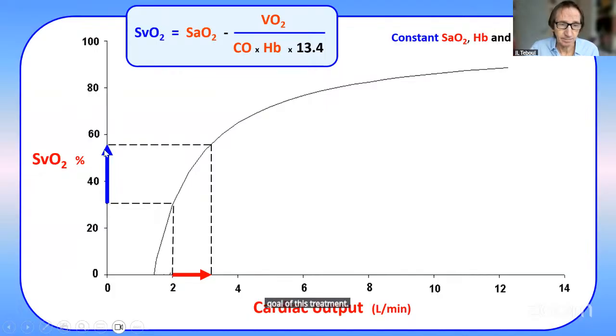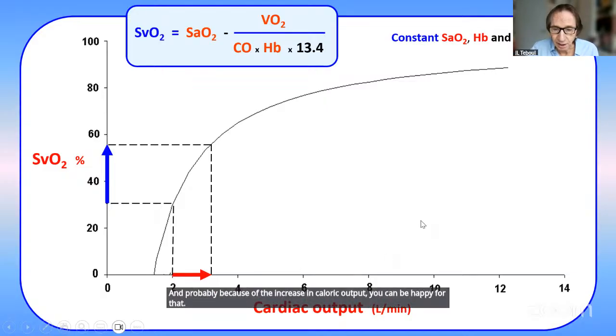And this can be reflected by a large increase in SVO2. So if you follow only SVO2, you can say, oh, well, my metabolic conditions improved a lot, and probably because of the increase in cardiac output. You can be happy for that.